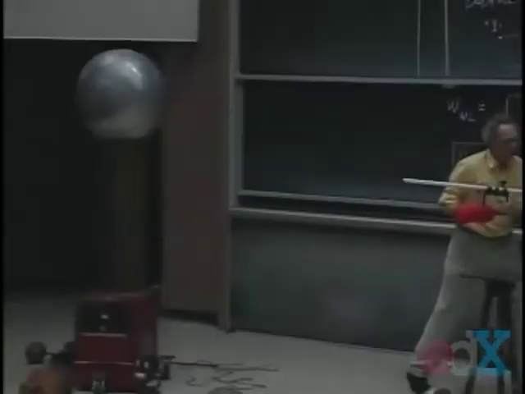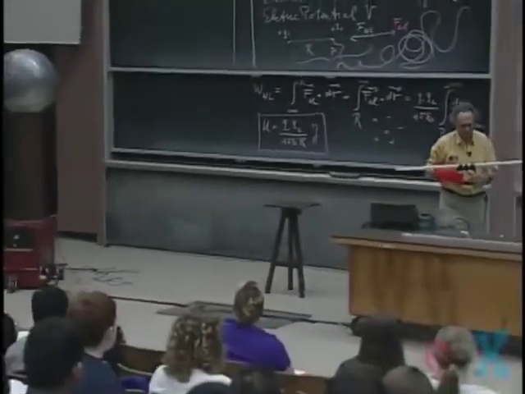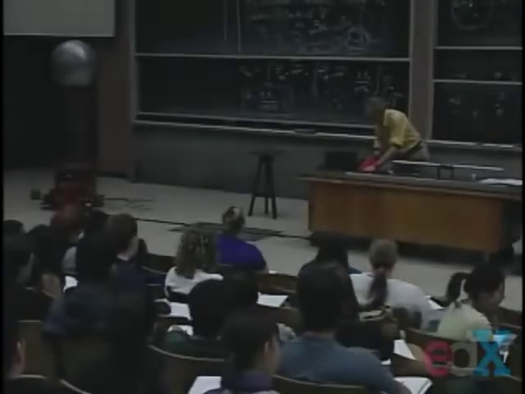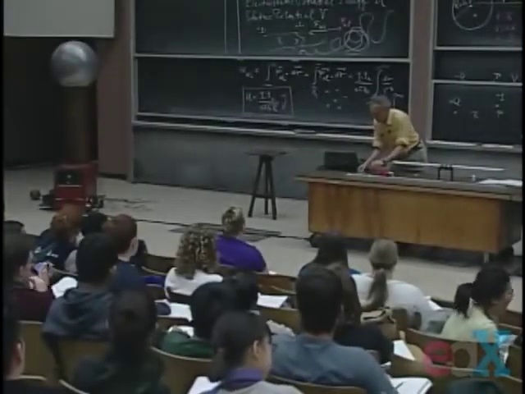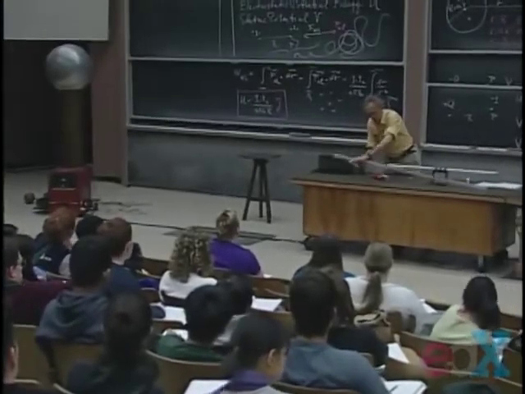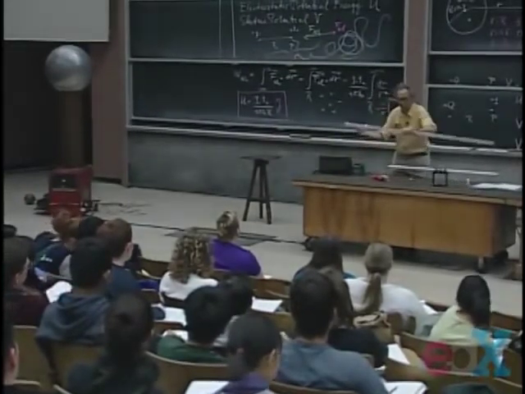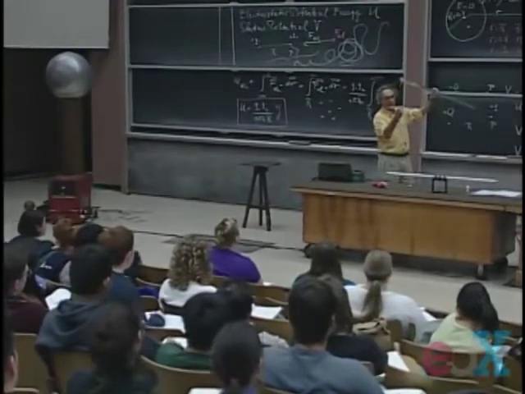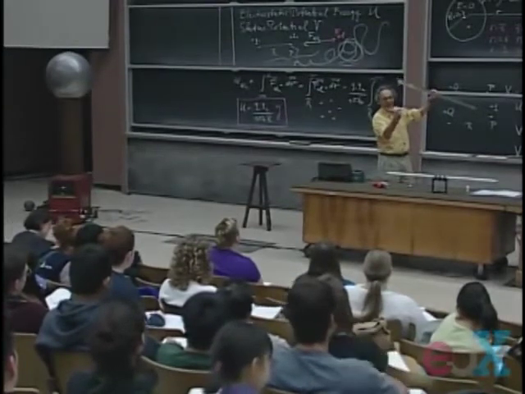Now I want to do the same demonstration with a neon flash tube. And the neon flash tube I will place at the end of a fishing rod. This neon flash tube we used during the first lecture when I was beating up students. But I've learned not to do that anymore.